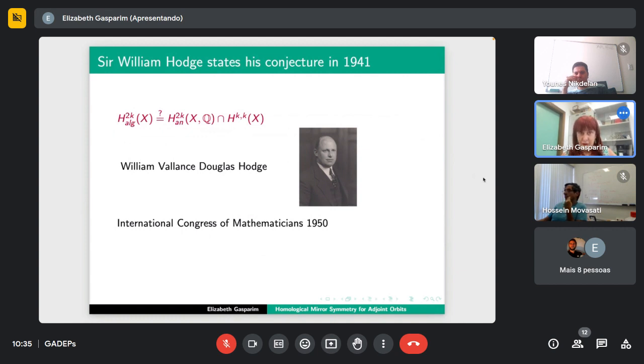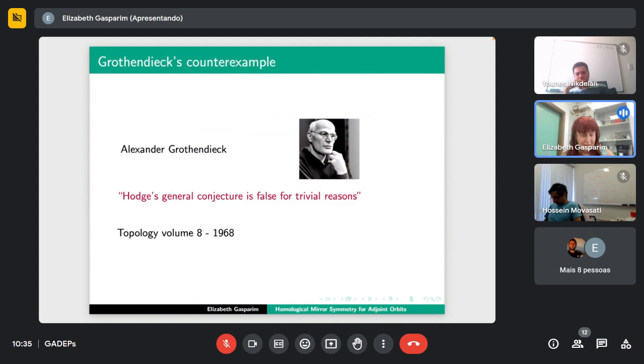And Hodge stated it at the International Congress of Mathematicians. But the nice thing of Hodge theory is this, that it doesn't matter how many counterexamples exist, the conjectures always continue to be there.